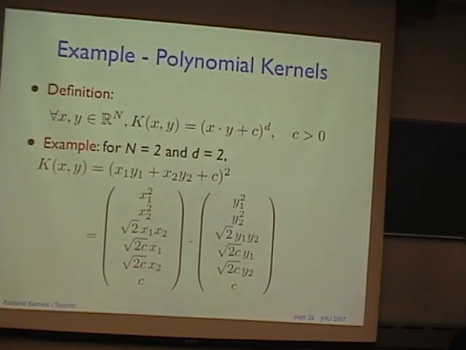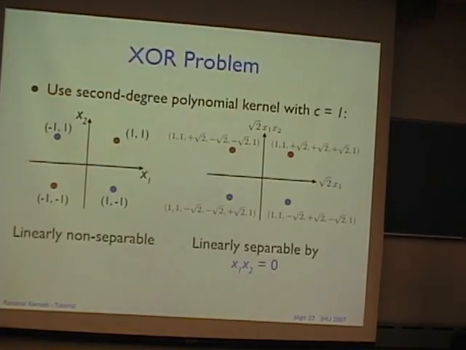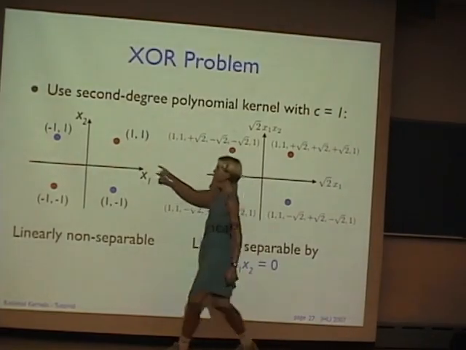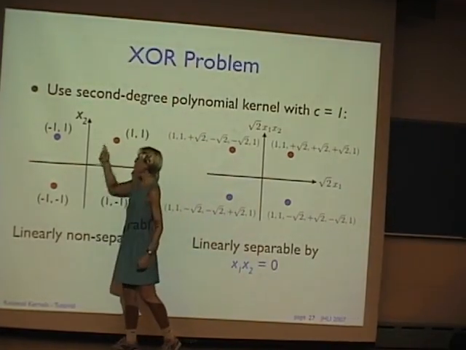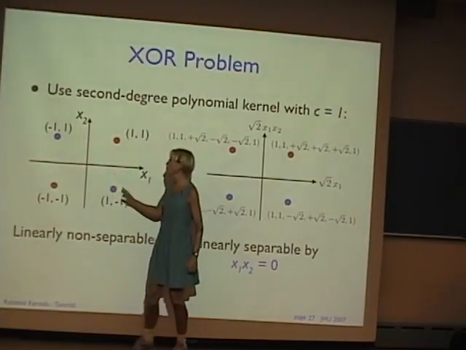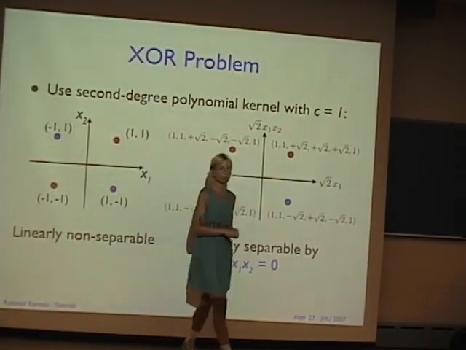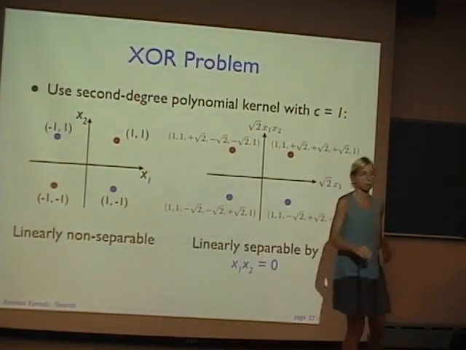And we may be lucky on top of that, because problems that were not separable before may be separable if we apply a nonlinear mapping. Let's take the simple example of an XOR in 2 dimensions. Here we have XOR. We want to classify these 2 points as being in the same group and these 2 points as being in the same group. Now, obviously not linearly separable.